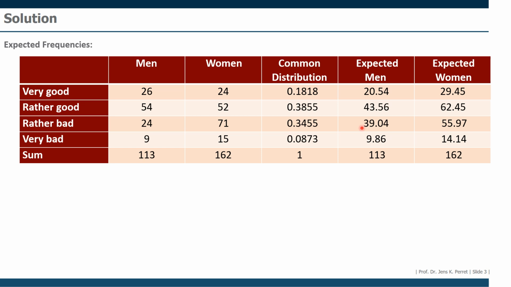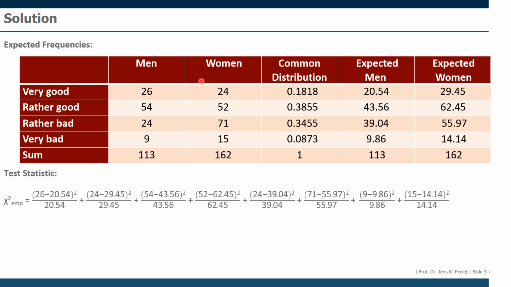So how do I compare this? Well, I simply apply the chi-squared formula, and that's how I get my test statistic. So for each entry, 4 here and 4 here, so 8 in total, I'm going to calculate actual frequency, so in the first one the 26, minus expected frequency, that's here the 20.54, in parentheses, squared, divided by expected frequencies.